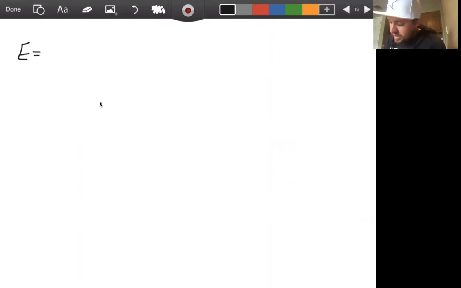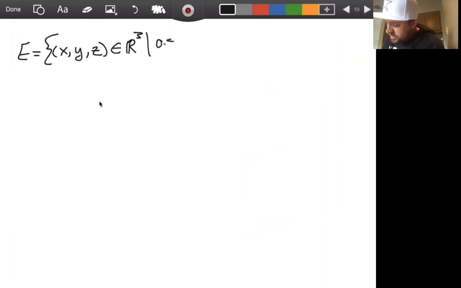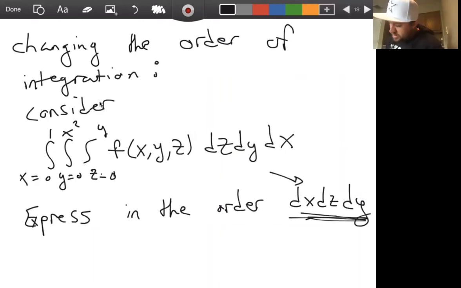We'll call it E. This is x, y, z in R3 such that, well, x is between 0 and 1. Y was between 0 and x squared, and then z was between 0 and y, if I'm not mistaken.